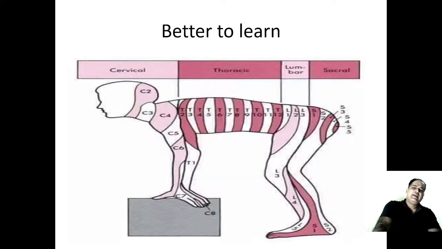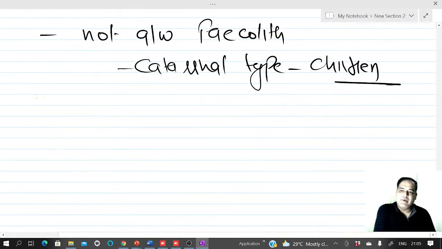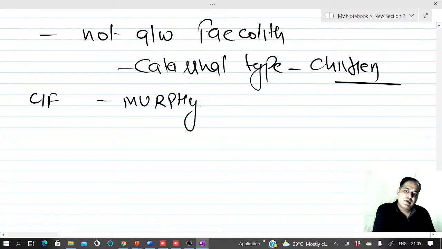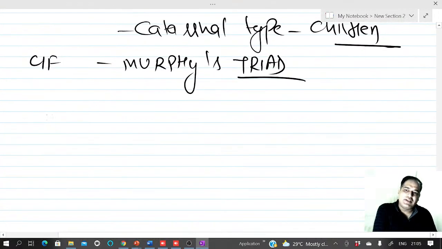Just a second. Now you see here, first of all the pain will appear near the umbilicus. Clinical features, so we call them Murphy's triad. Don't confuse it with Murphy's inspiratory arrest sign, which is seen in acute cholecystitis.